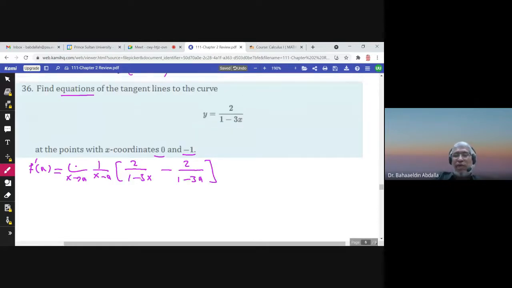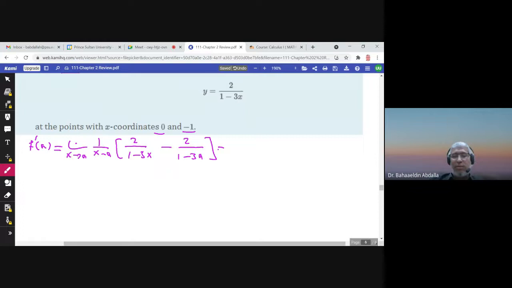And this would be equal to, now I have two fractions and I need to subtract them, using 1 minus 3x times 1 minus 3a as the denominator.